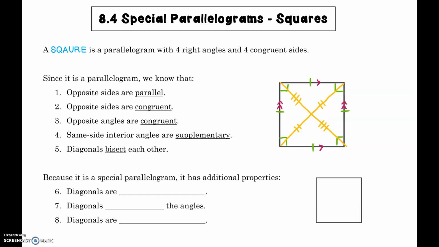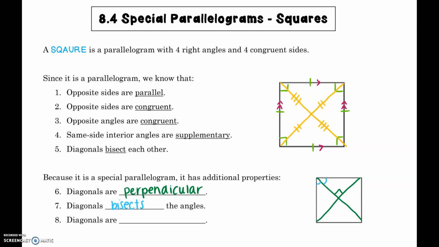The first one, just like a rectangle and a rhombus, the diagonals are perpendicular. So if we draw in our diagonals, we know that they intersect at a right angle. Next, we know that the diagonals bisect the angles, just like in a rhombus.